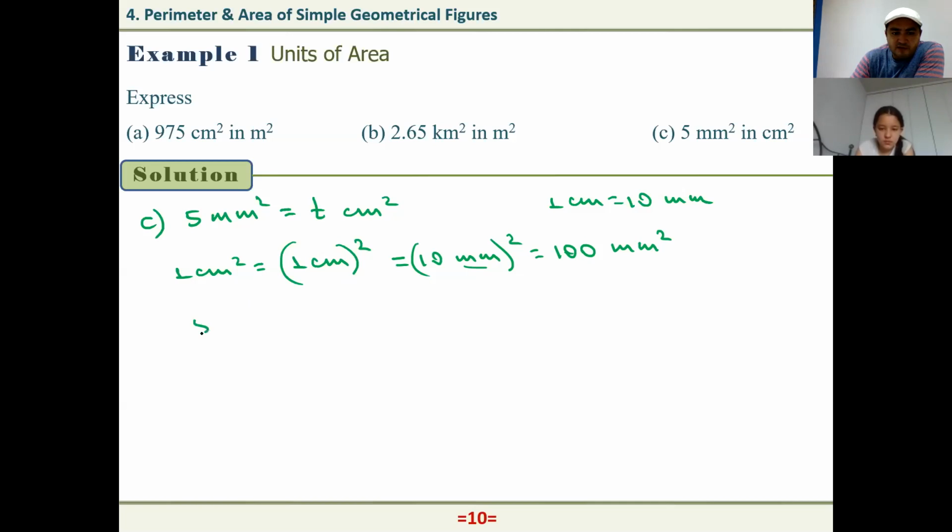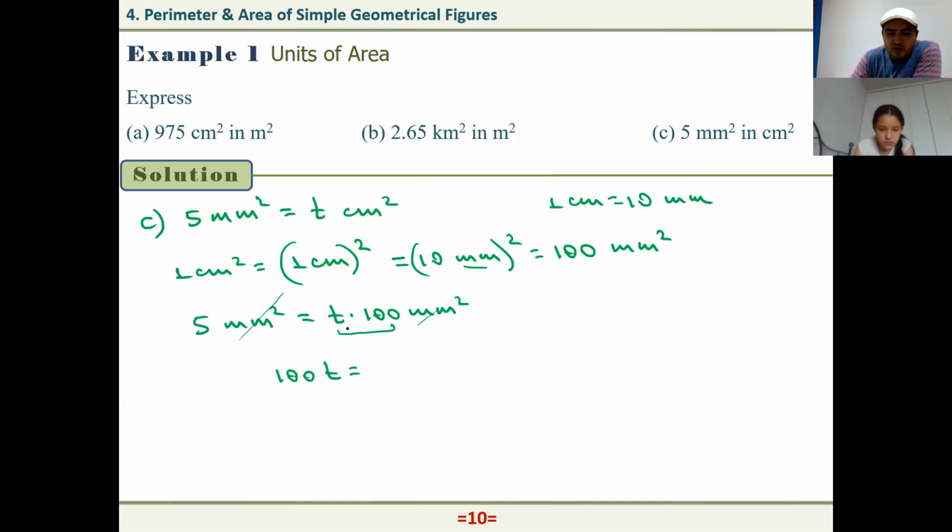So here on the left-hand side, we have 5 millimeters squared or square millimeters. And here we have t times, what is 1 centimeter squared? That's equal to 100 millimeters squared, right? So as you see here, we can cancel each other, millimeter squared, millimeter squared. So what we have here, 100 t. It's just an equation.